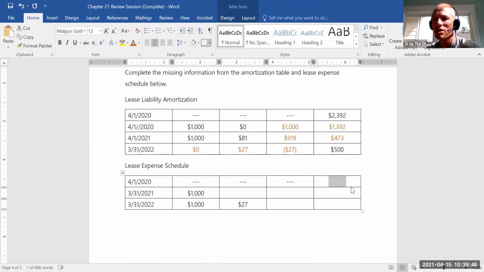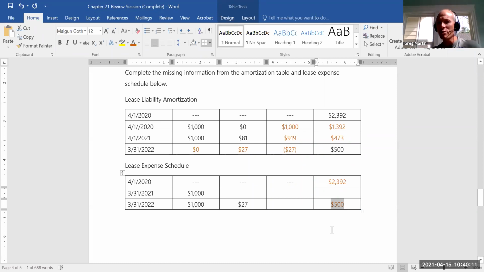How much must the beginning amount be? Good. And what must the ending amount be? Good, 500, exactly. So we can get the beginning and ending amount from the lease liability. They must be the same.